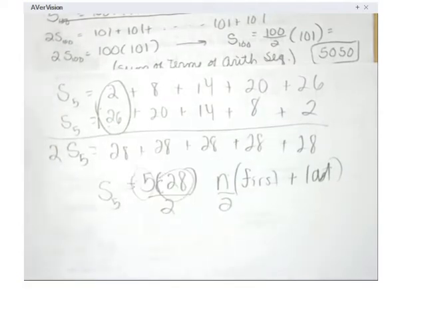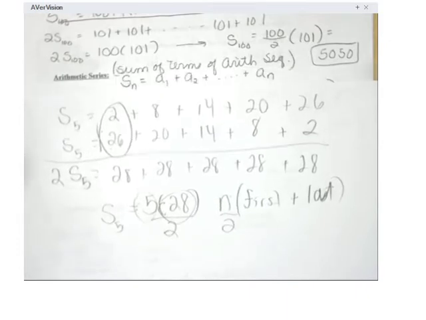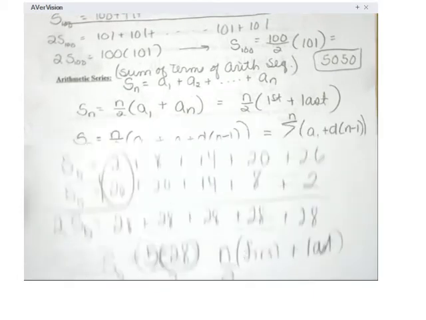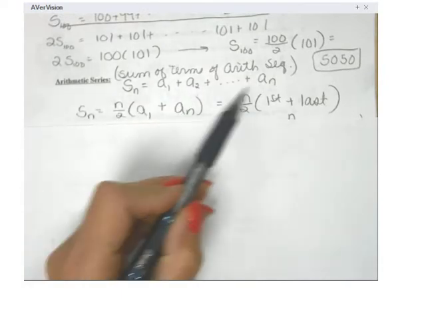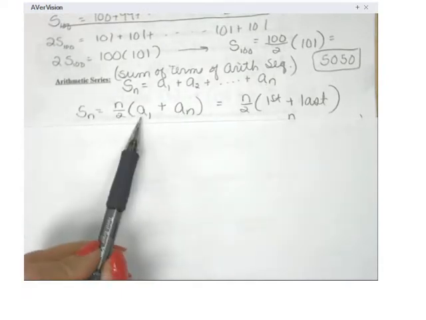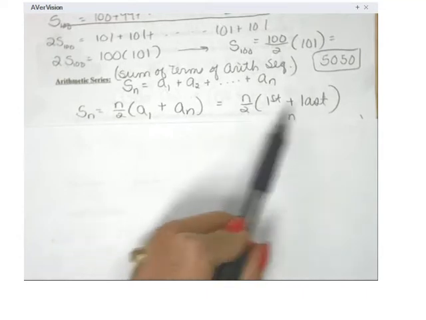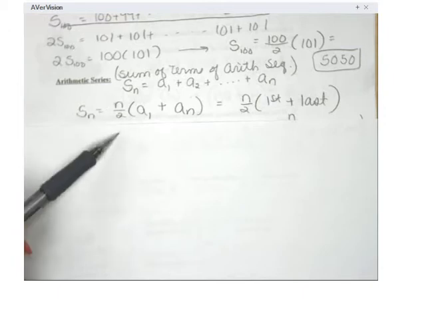I don't know if he proved it mathematically, but he found the pattern, and he's credited with it. So we have the following, that if we have an arithmetic series, which means we want to find the sum of the terms of an arithmetic sequence, we take the first number plus the last number, and then multiply it by how many terms you're adding up over 2.